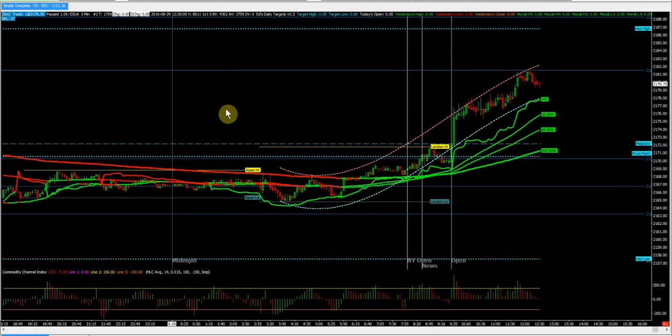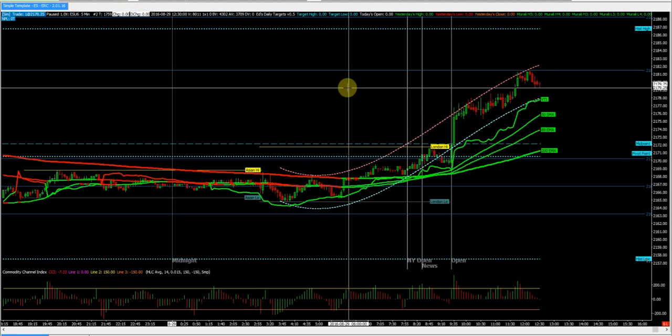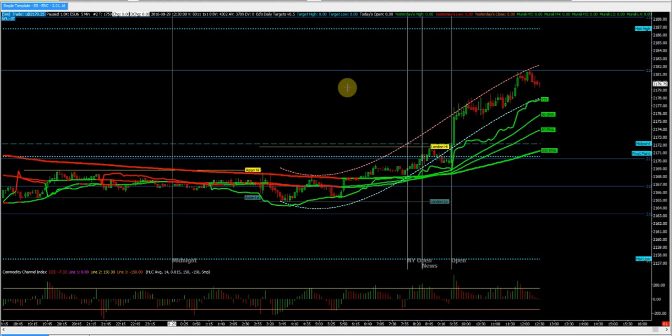That was at 12:30. It hit the 0 line, which is right there, 2179.25. So you could have gotten out there and made some respectable profit.